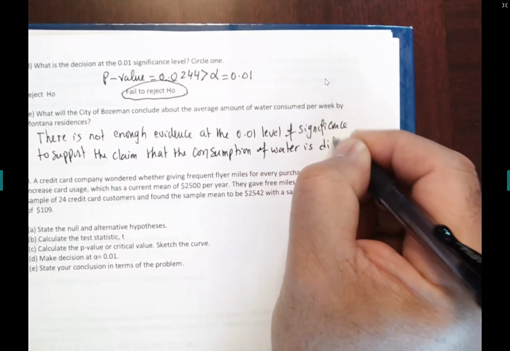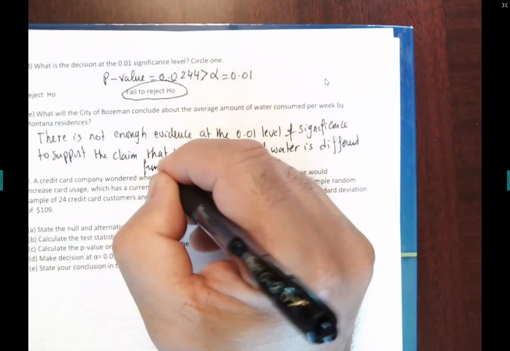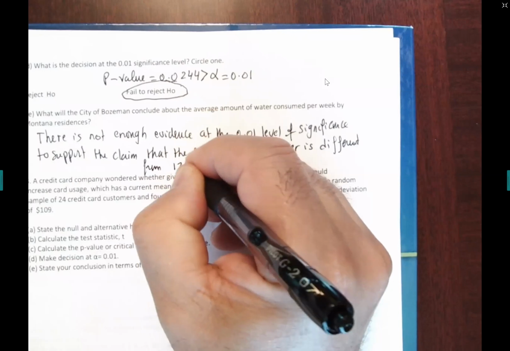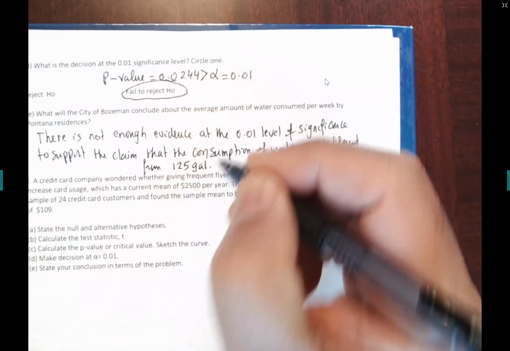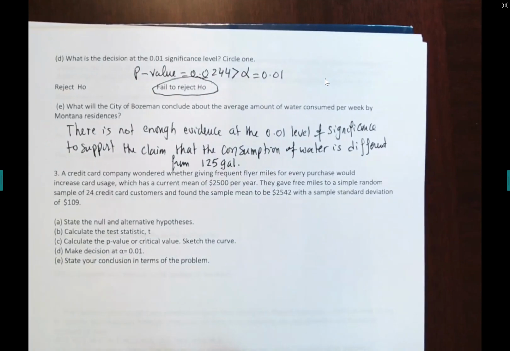So we're saying we cannot support this claim. That concludes this question, guys, using the t-test now.